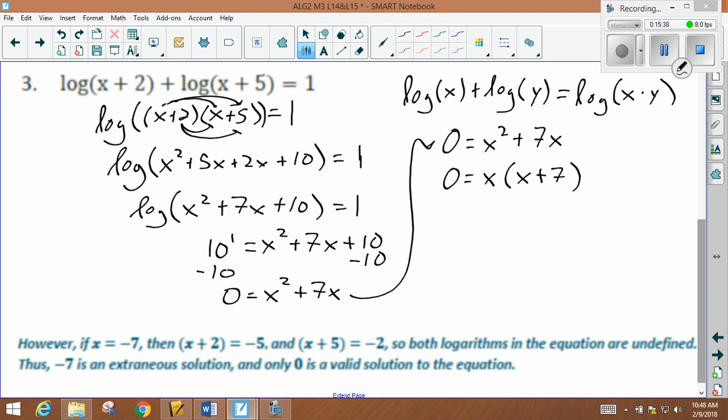You can see that if I was to distribute this x back in, I will go right back to where I was, right? So they share a common factor of x, and I can take it out. You could subtract 7x from both sides and divide by x, but then you're going to miss one of the solutions.